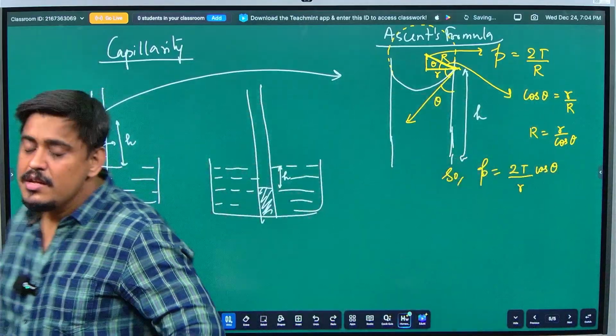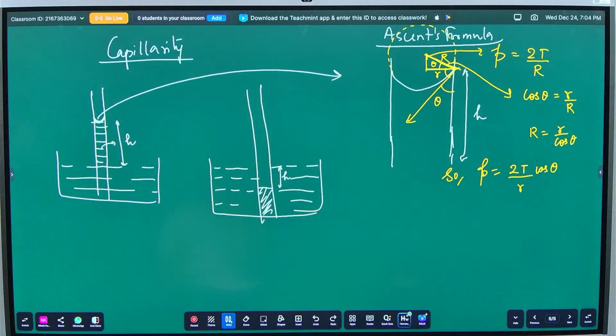Okay. Now, first draw this diagram. Make it fast. Second class has to start. Copy it fast.